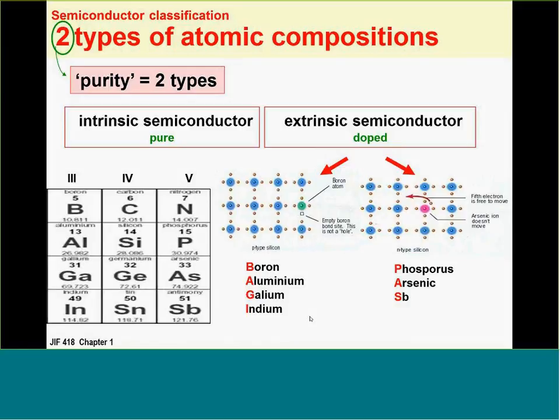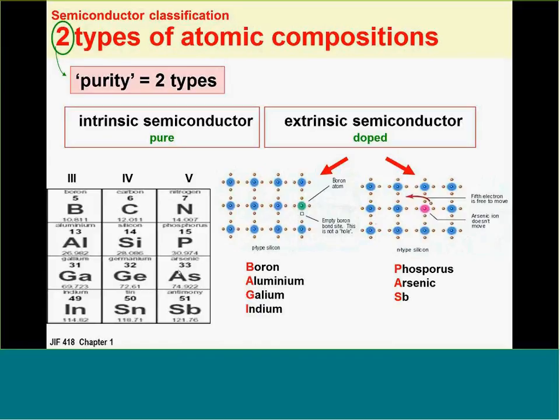Let's recap. We are able to introduce material to change the purity of the semiconductor. So, let's say from silicon, we know that by adding group 3, we are going to get the P-type. And by adding group 5, we are going to have the N-type.